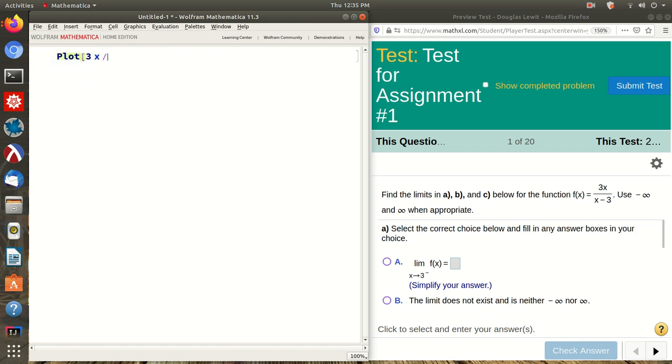3 times x divided by x minus 3. And I want 3 to be in the middle. So how about 0 and 6? We'll choose a minimum range of 0 and a maximum range of 6, which means that the number 3 is right in the middle.